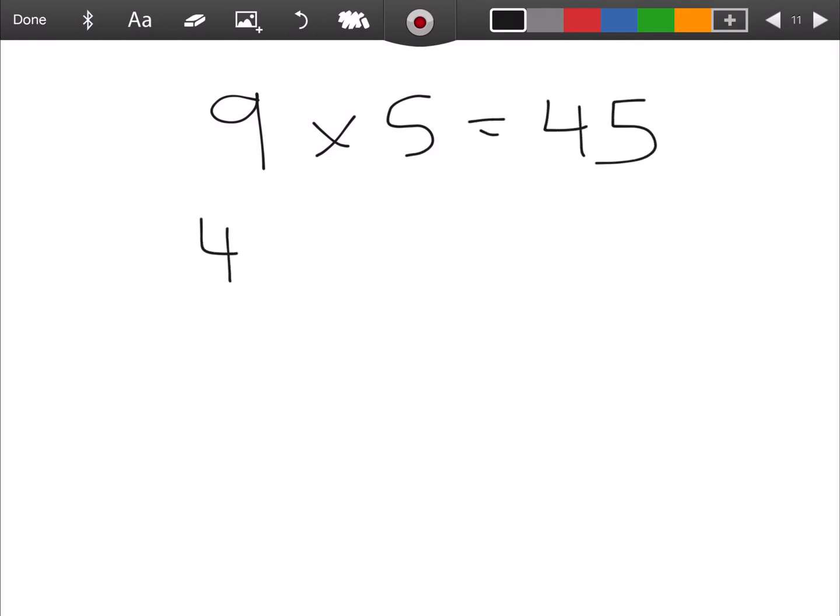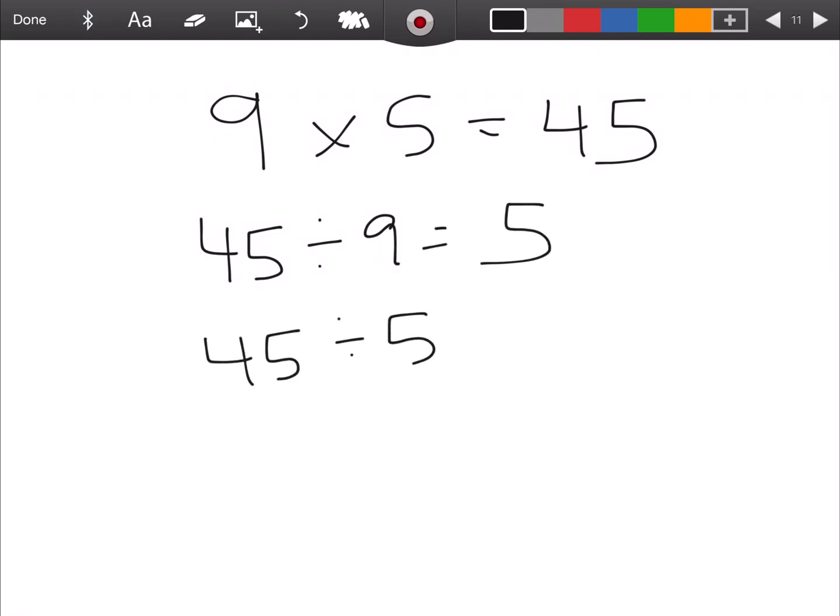You could do 9 times 5 equals 45, and then we would also know that 45 divided by 9 equals 5, or 45 divided by 5 equals 9. Just pick a problem that you can turn into a word problem that's going to make sense for you, and good luck.